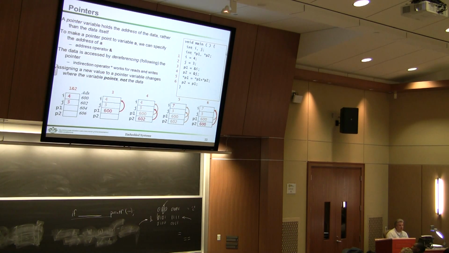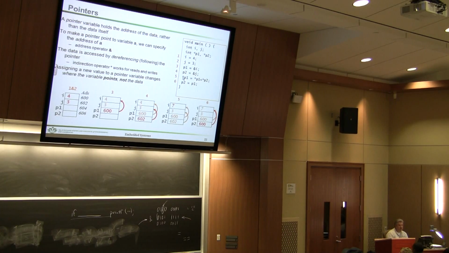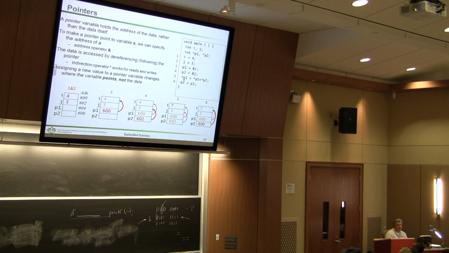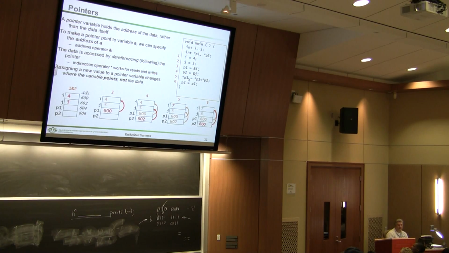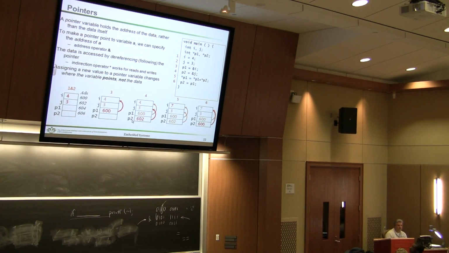And when you use star P1, that basically says, take the contents of the pointer P1 and do something with it, as opposed to taking the value of P1, which is actually a pointer, a memory address. So in this case, the address of variable i and the address of variable j are going to be stored into P1 and P2 respectively.